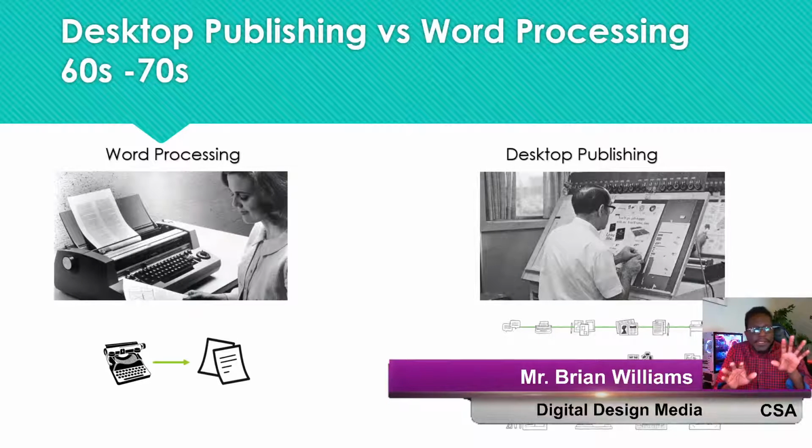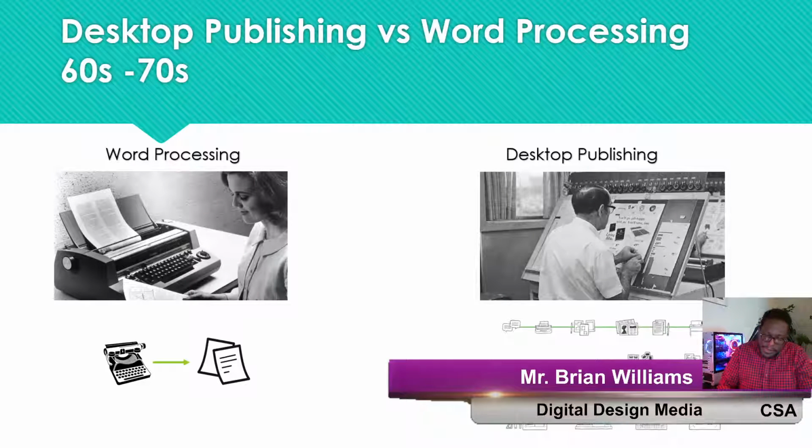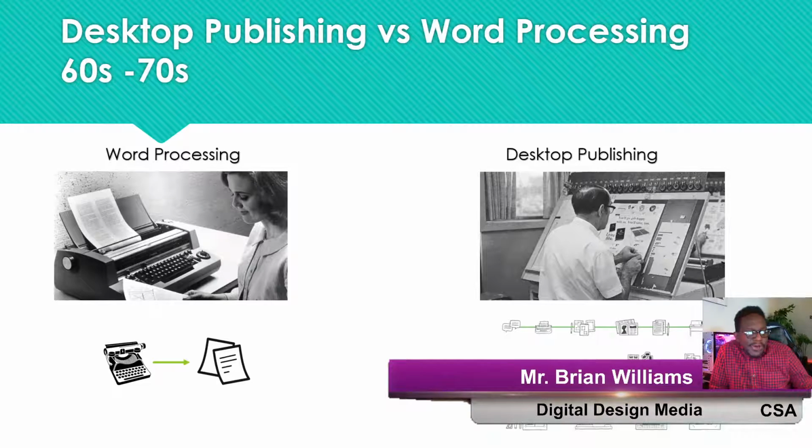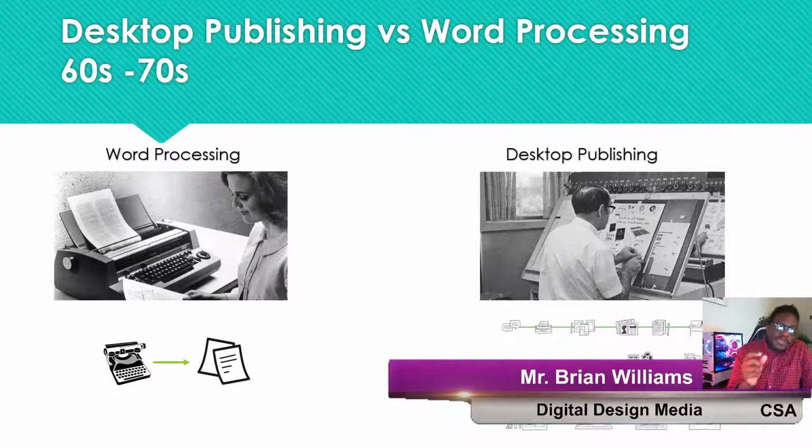And typing on the typewriter was just word processing, right? So nowadays it's kind of hard to distinguish because a word processor like Word can do so many things, and it's a very thin line between word processing and desktop publishing.